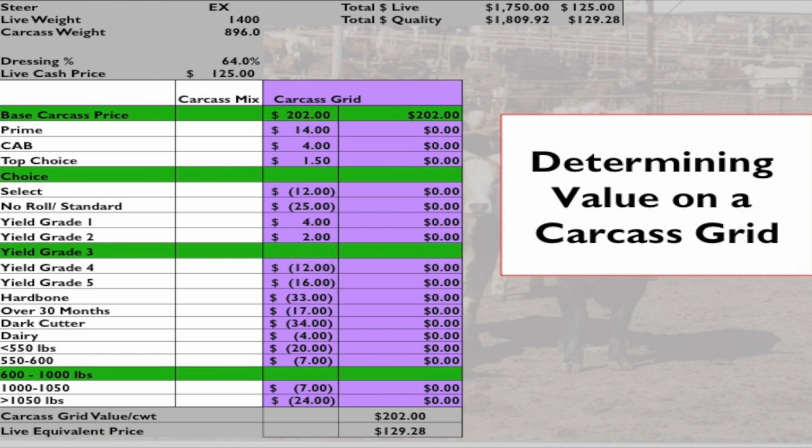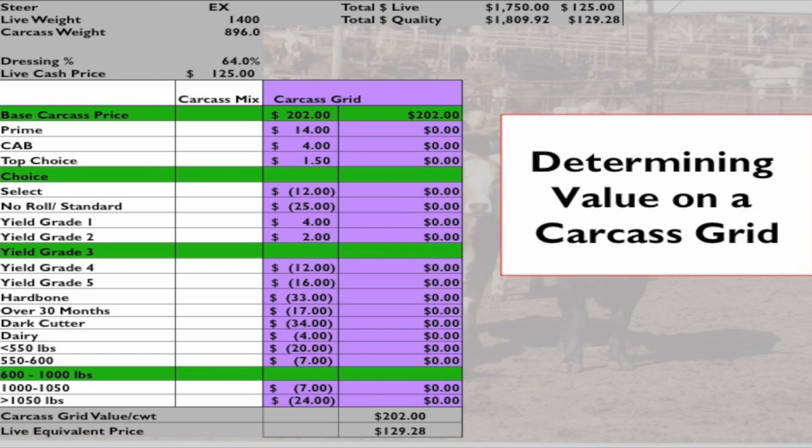So each animal is valued on a carcass grid basis, where on a live cash basis, it is actually the average price for all animals in that particular pen. So if there's 40 animals in a pen, then all 40 animals would receive the same price per 100 weight live, where on a grid, each individual carcass would receive a price on a carcass weight basis for its individual quality grade, yield grade, and if there's any other potential discounts or premiums that would be added to that.